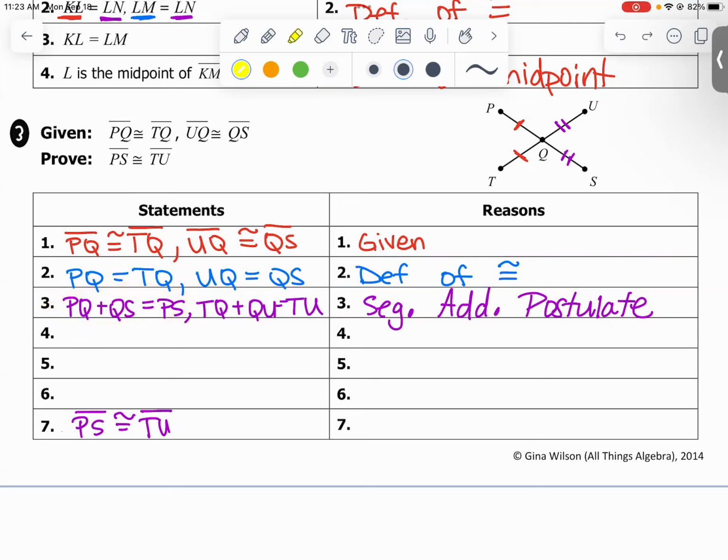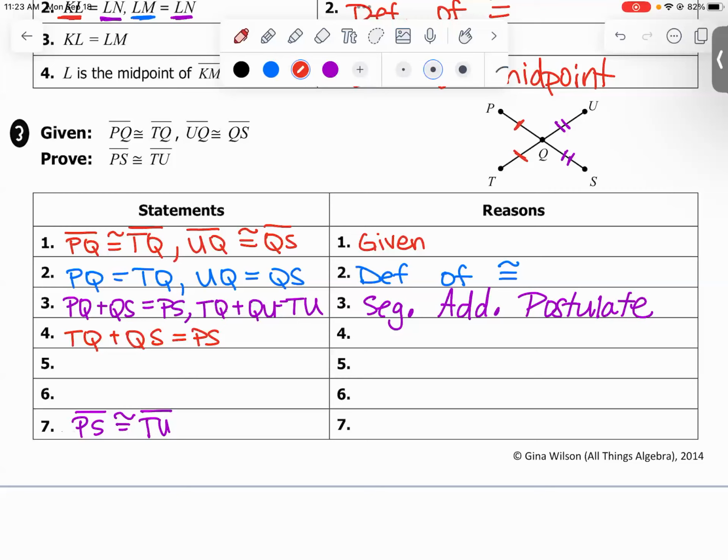What do we know? What is the same as PQ? So could we write TQ plus QS equals PS? Could I take PQ and change it to TQ? Why can we do that?